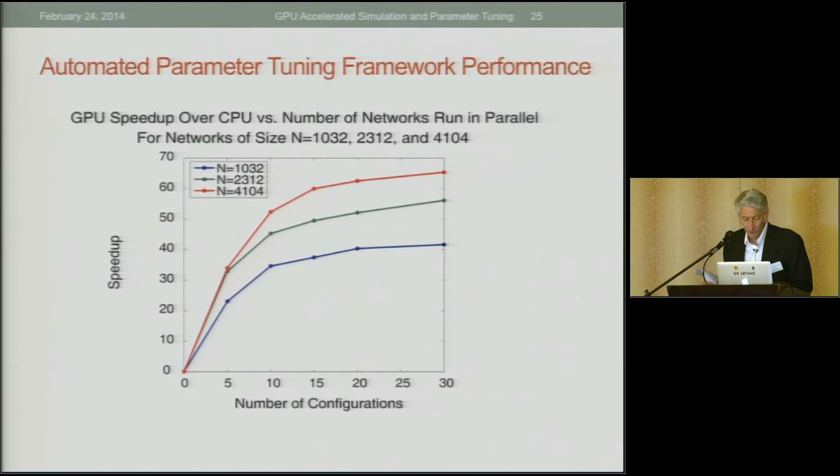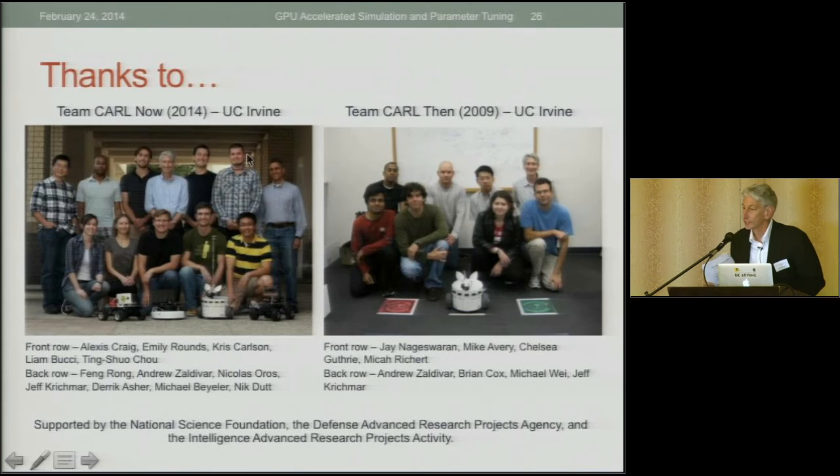Okay, so let me wrap up and then get to some conclusions. So I should give thanks to my current group, the Now group. Michael Baylor and Nick Dutt, my longtime colleague that's worked on all this neuromorphic work. We were part of the HRL Synapse team, so we've worked together on that.